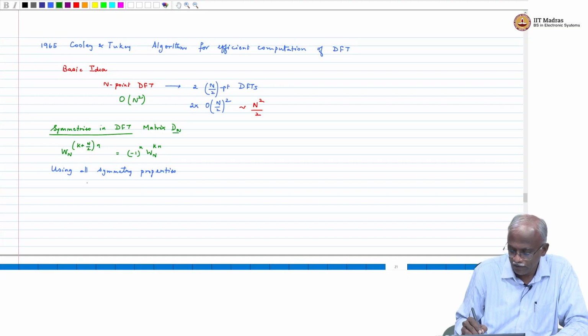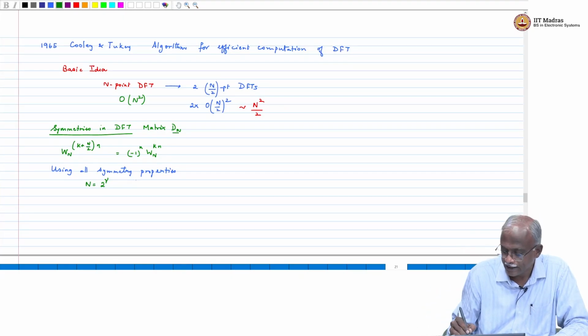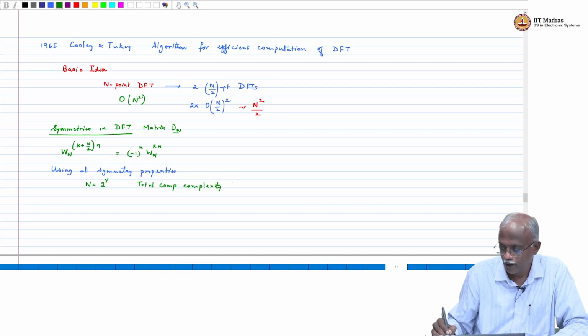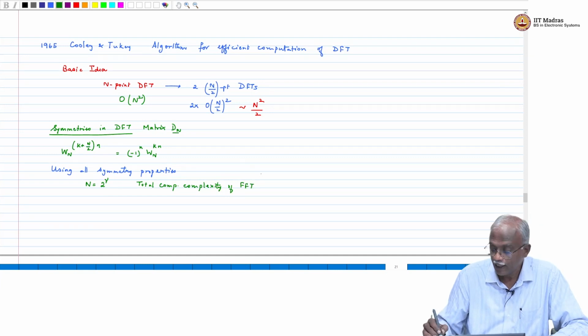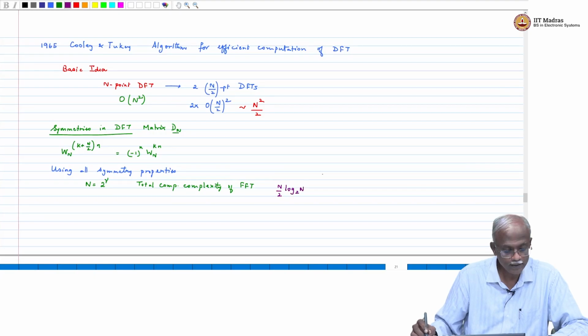If you have an FFT of length n, which is a power of 2, then the total computational complexity of the fast Fourier transform algorithm is of the order of n by 2 log base 2 of n.